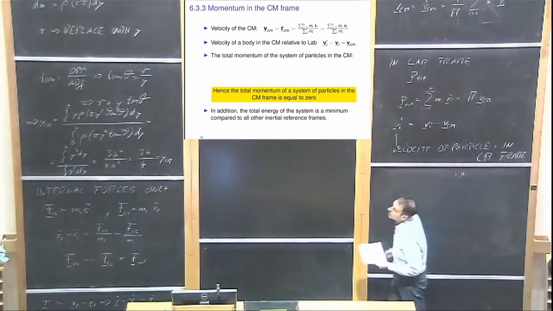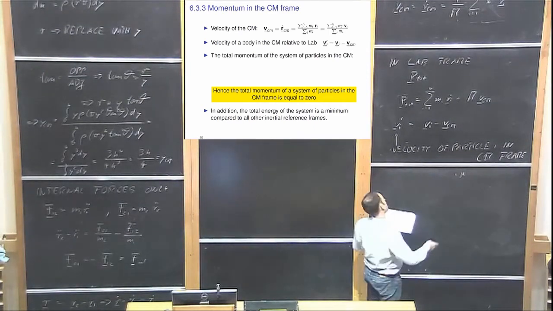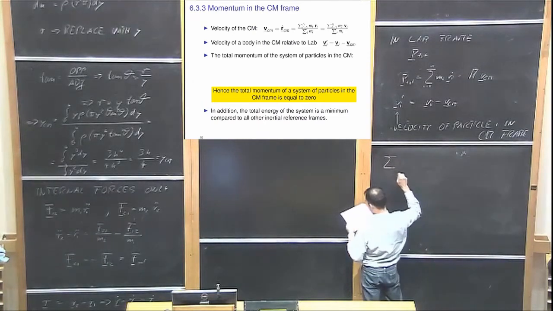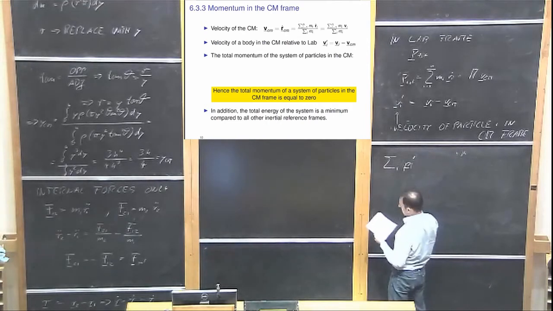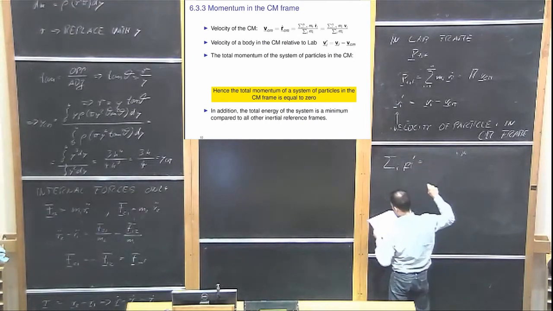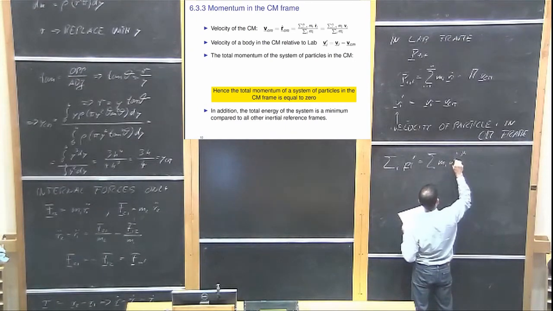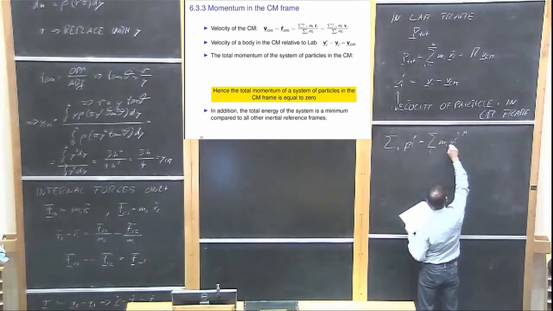Now we can work out the total momentum of this system of particles. The answer is written already there, so what I should write down again hopefully will work out and convince you that this is really true. Now, if I do the sum over i of all the momenta in the center of mass frame, this is m_i V_i prime in the center of mass frame.